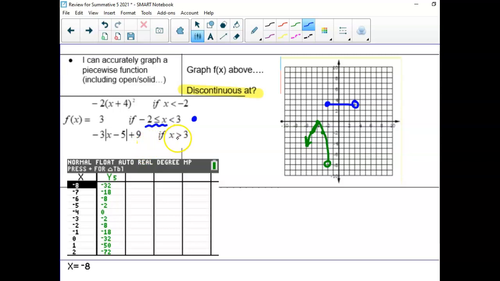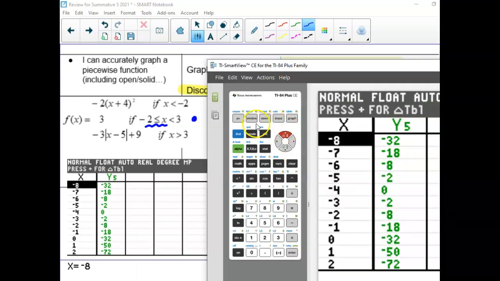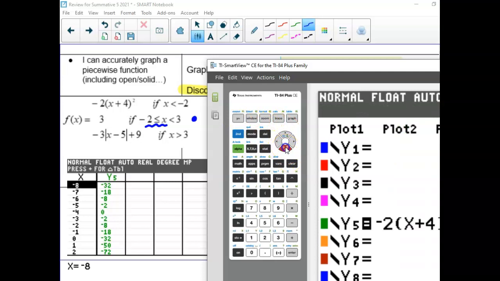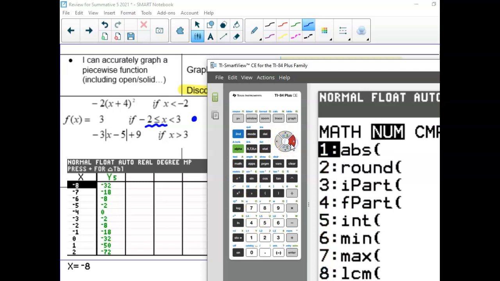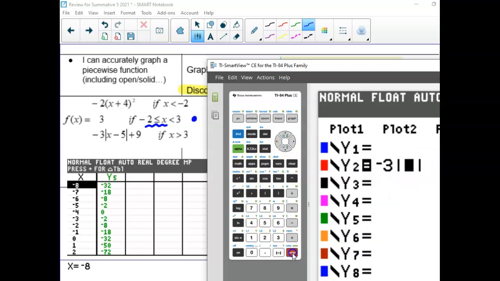It's a V that opens down, okay? Do you remember how to put that in? We just kind of reviewed that. If we went back here and we got rid of this parabola, and somewhere we put in -3, math, arrow to the right to get the absolute value, x minus 5.